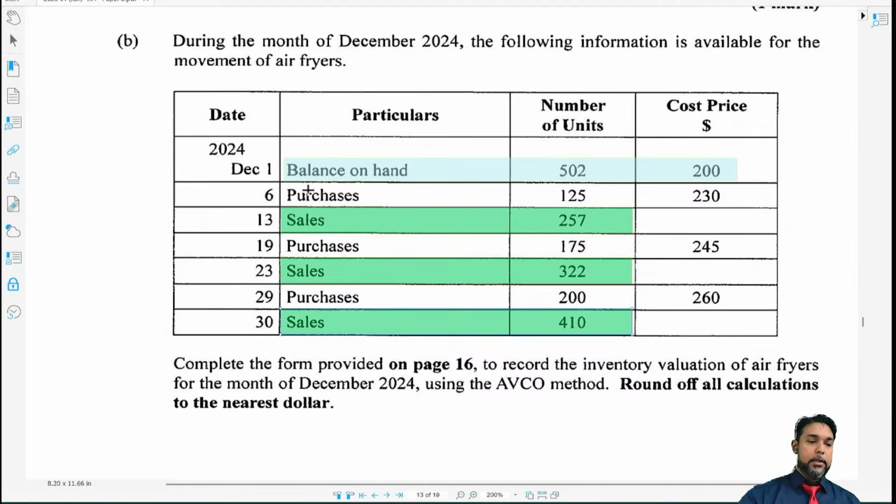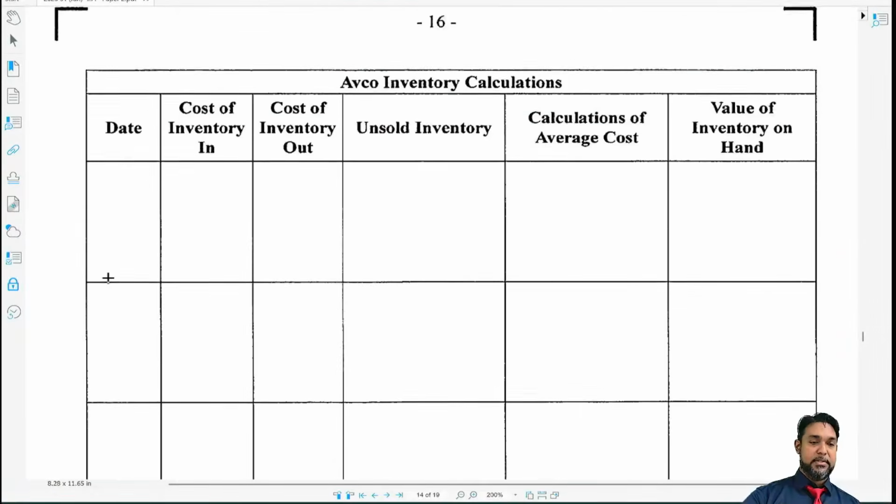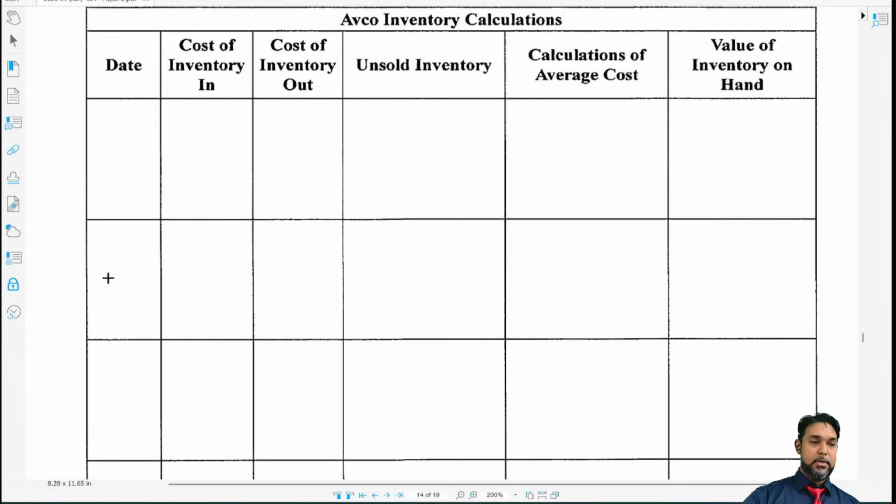Now it says complete the form provided on page 16 to record the inventory valuation of air fryers for the month of December 2024 using the AVCO method. Round off all calculations to the nearest dollar. So check this. They give you this particular layout. Not a fan of this layout, but that's what they've given us.